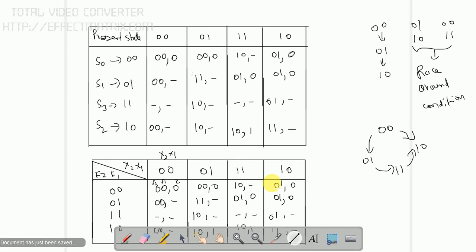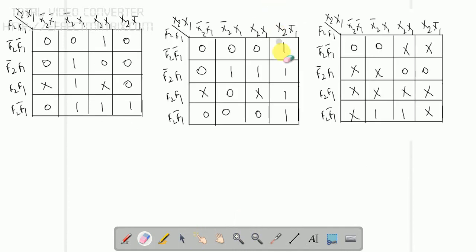Okay, this will be in dash. Zero zero. Okay, now I have changed this value to 0 and this value to 0.